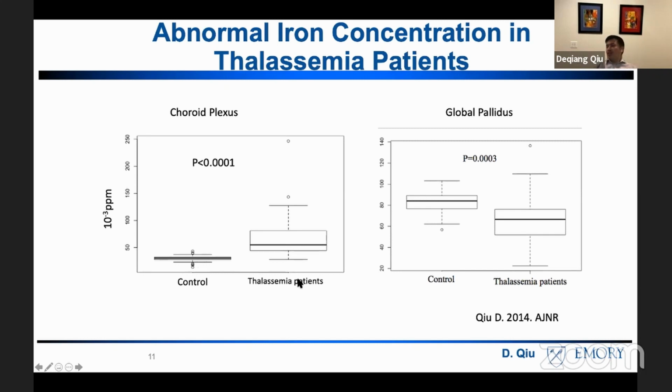These patients also receive iron chelation therapy, so we saw a reduction in the globus pallidus. It's really a dynamic balance between iron overloading due to blood transfusion and this iron chelation therapy. So you can see a reduction of susceptibility value in the globus pallidus in these patients.